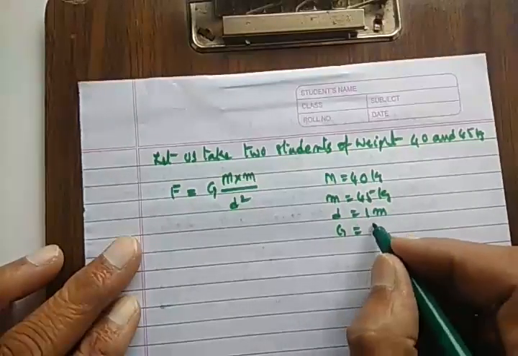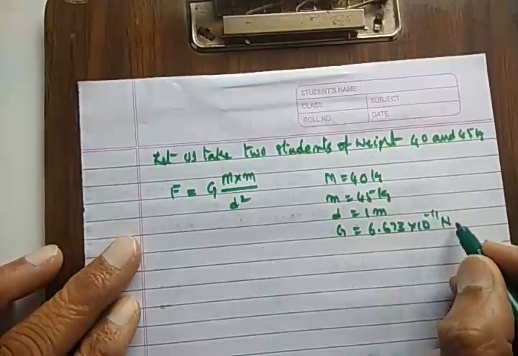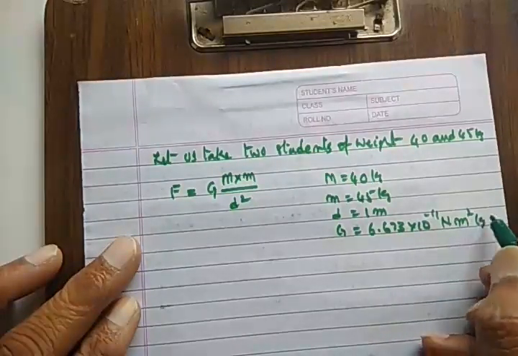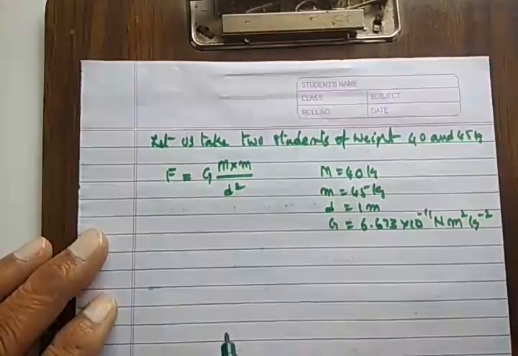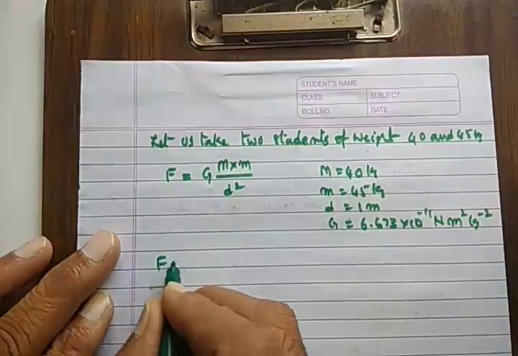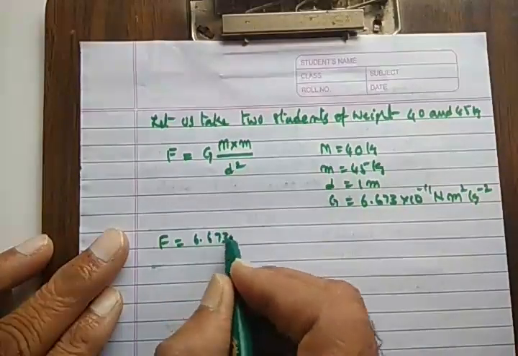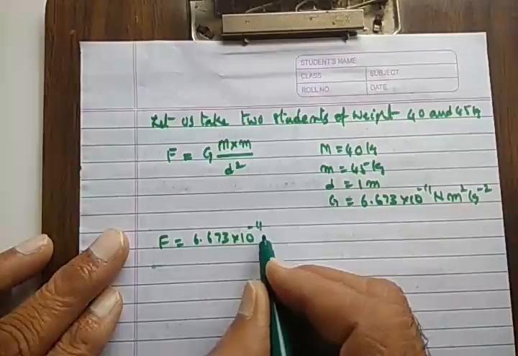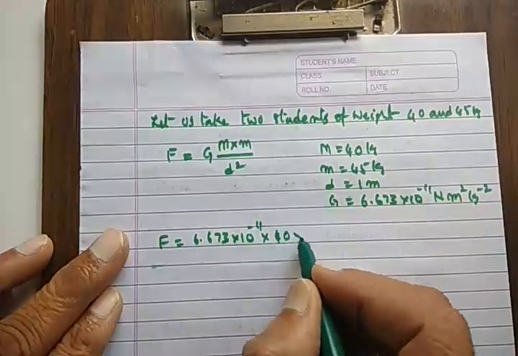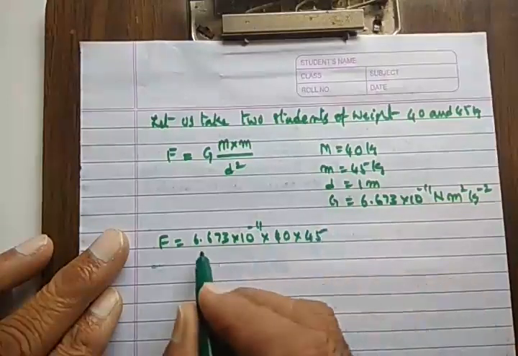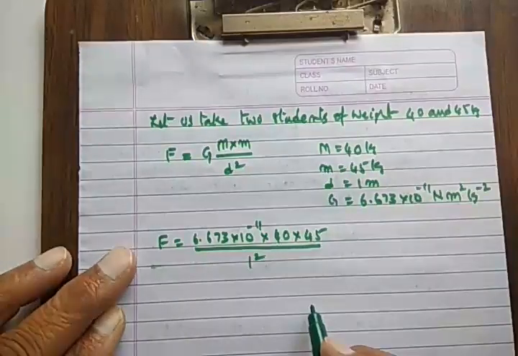G is equal to 6.673 into 10 to the power of minus 11 Newton meter square kg to the power of minus 2. Now we will substitute these values. F is equal to 6.673 into 10 to the power of minus 11 into capital M 40, small m 45 divided by D square, 1 square.